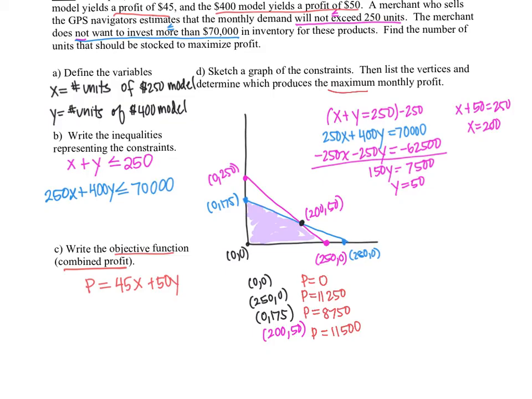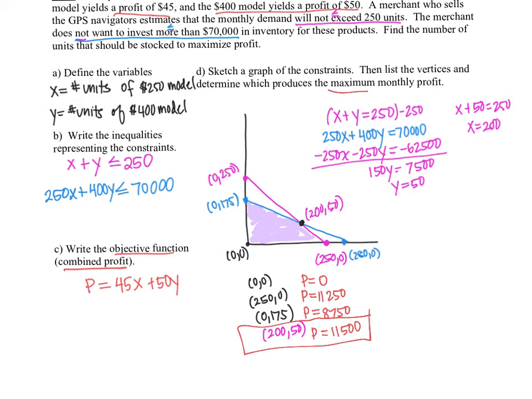Okay, so what's the question? Find the number of units that should be stocked to maximize the profit. It doesn't actually ask me what the profit is, even though it is in fact $11,500.